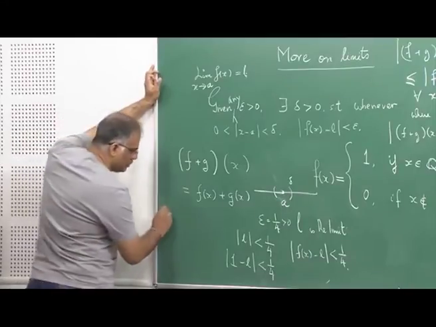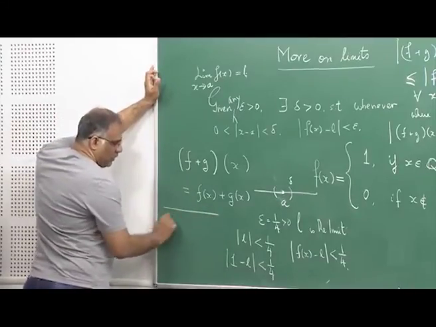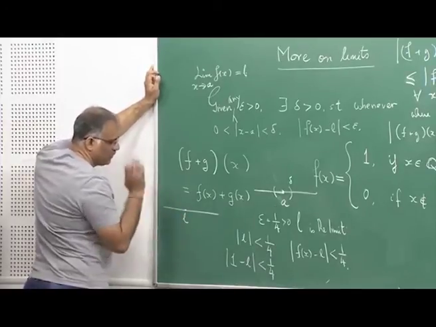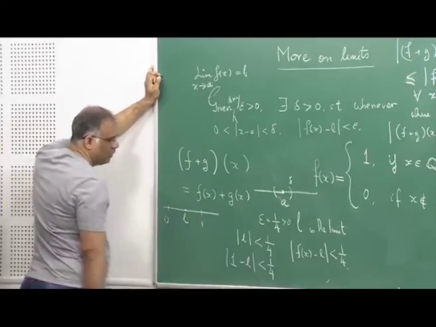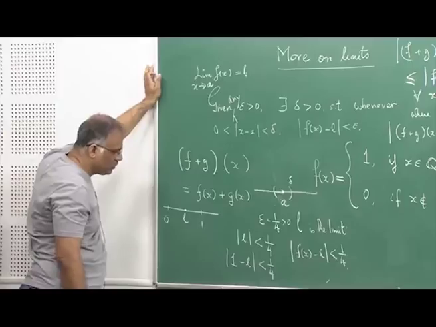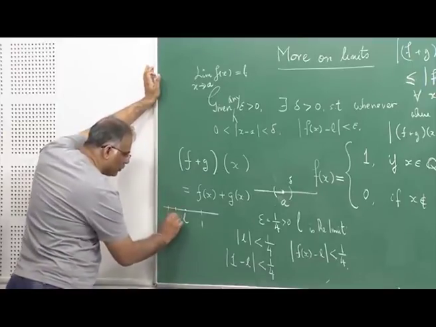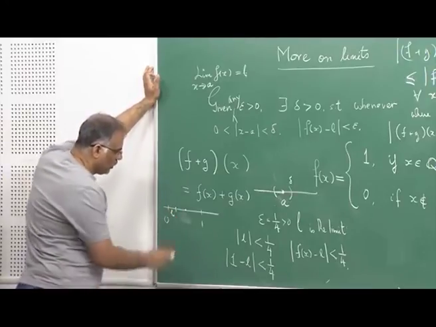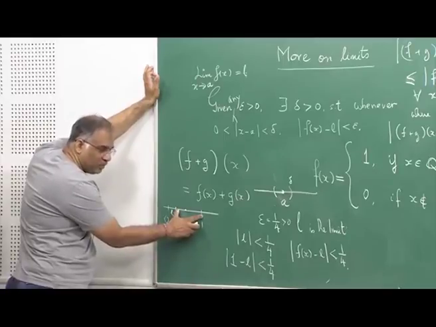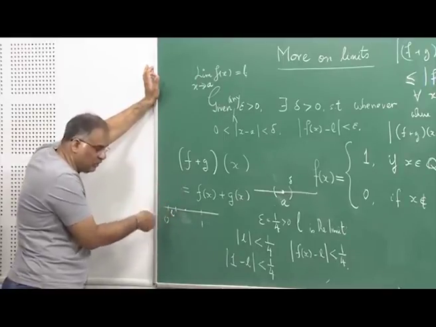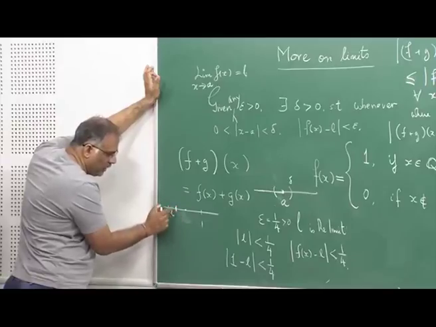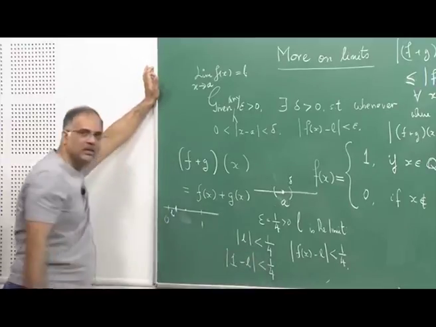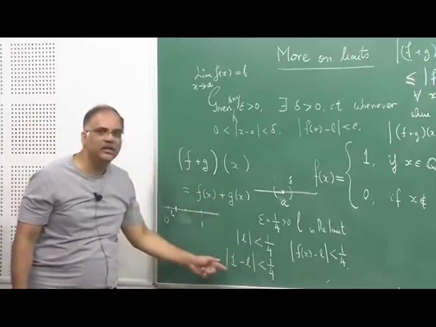So here is L, assume L is positive just for the moment, here is 0, here is 1. L is less than 1/4, so L has to be here. So 1 minus L is this part, so it has to be bigger than 3/4, since this part is 1/4. So 1 minus L has to be 3/4 or bigger. So how can 1 minus L be strictly less than 1/4? So immediately there is a contradiction.